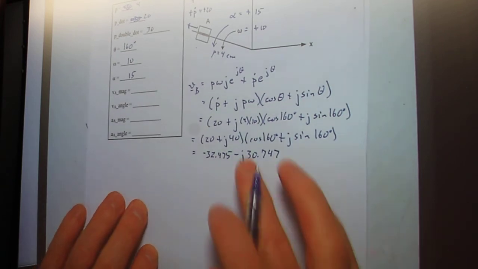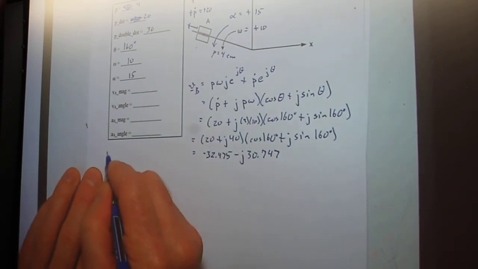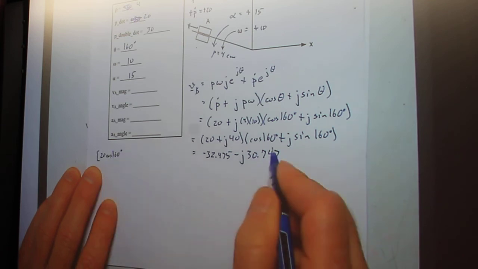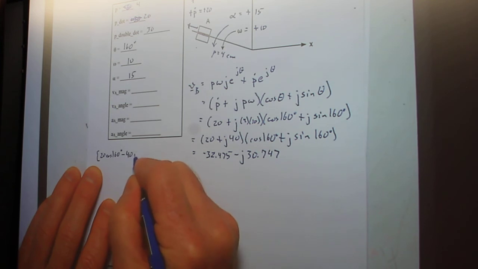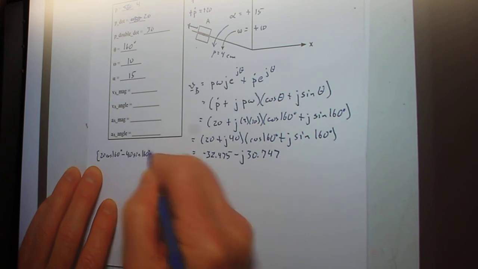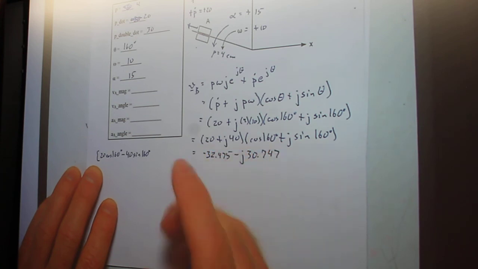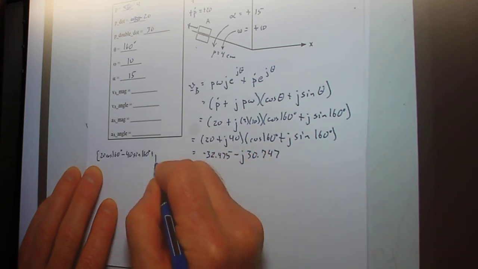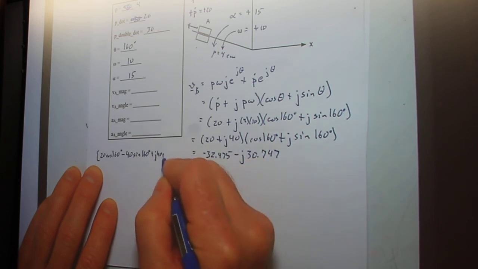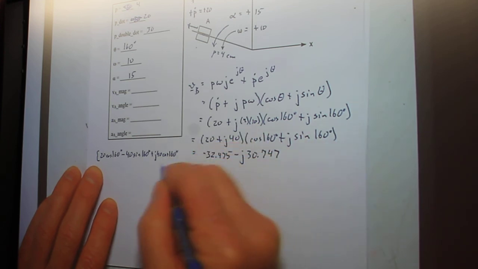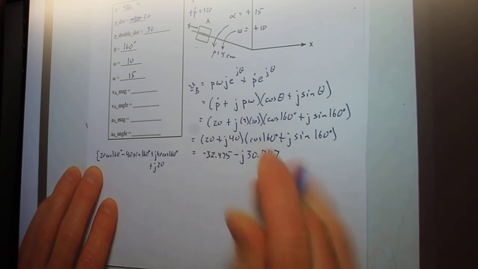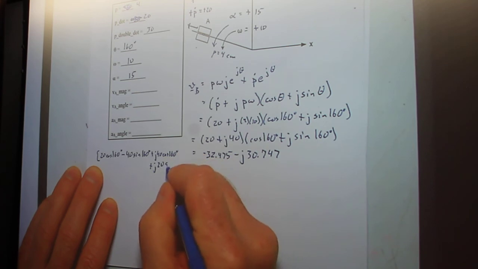When I do the math on this, I could write this out as 20 cosine 160 minus 40 sine 160 plus j 40 cosine 160 plus j 20 sine 160.